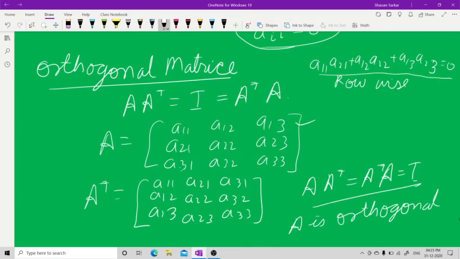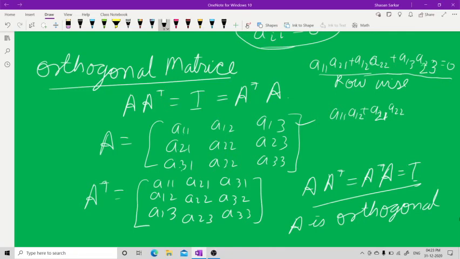Now column wise, A11, A12, A21, A21, A22, this is 2. Wait a minute. This is A22. A1, A23, it is this 2.